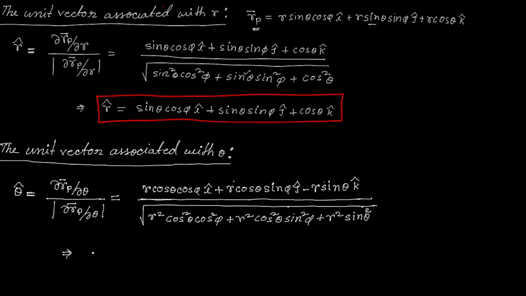So what is the value of theta cap? Theta cap is equal to cos theta cos phi i cap plus cos theta sin phi j cap and minus sin theta k cap.